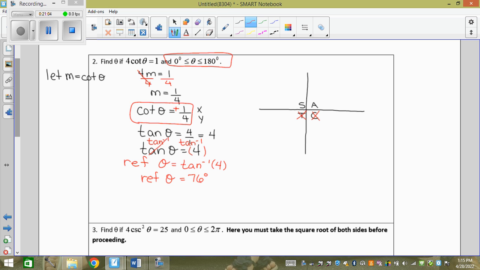First quadrant 1. So I draw a terminal arm in quadrant 1, and I draw my reference angle, which happens to be 76. And what do we know about the first quadrant and the reference angle? They're the same. So my answer to this is just theta equals 76. And the reason why they'll restrict so much is because it's a numeric response. One answer, right?